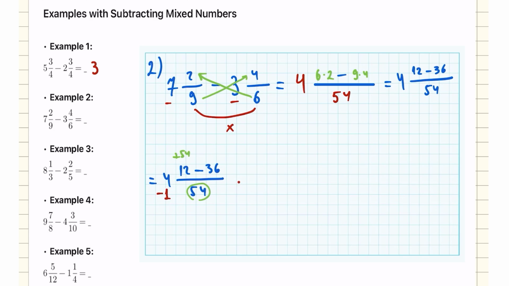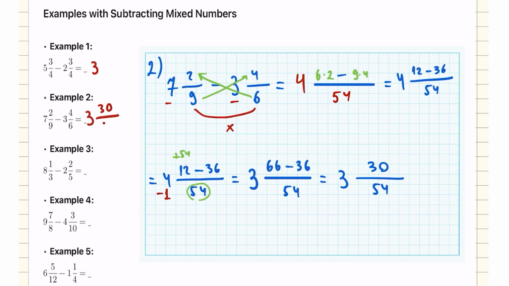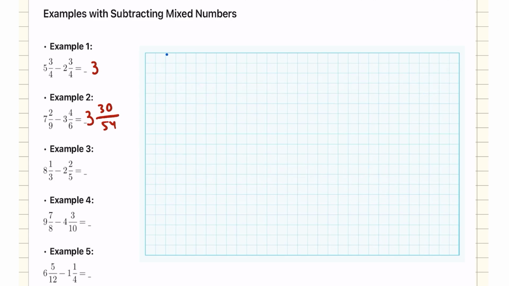That's why we can add the amount of the denominator to the first fraction. And now the first fraction, 12, will be the sum of the denominator and the first fraction, 66, and the second fraction stays the same. We get 3. 66 minus 36 is 30, and the denominator stays the same. So the final answer is 3, 30 over 54. That's the answer. Let's do one more example when the second fraction is bigger than the first fraction.